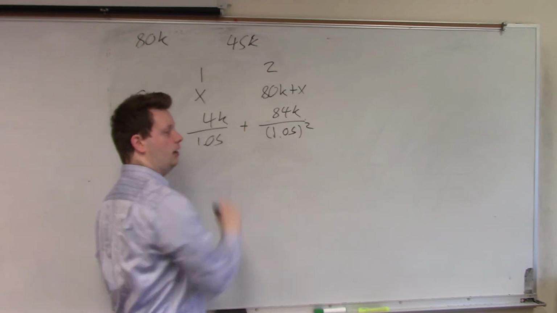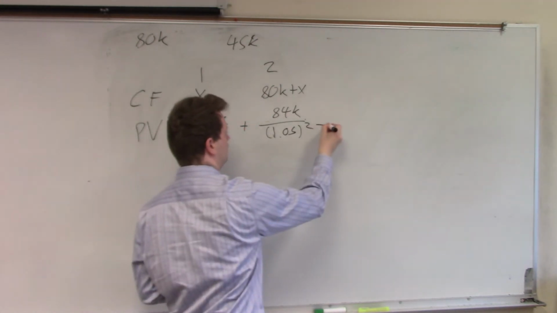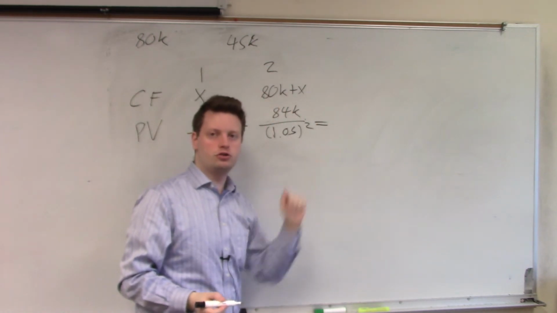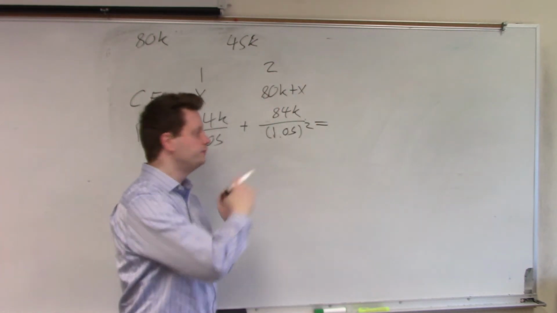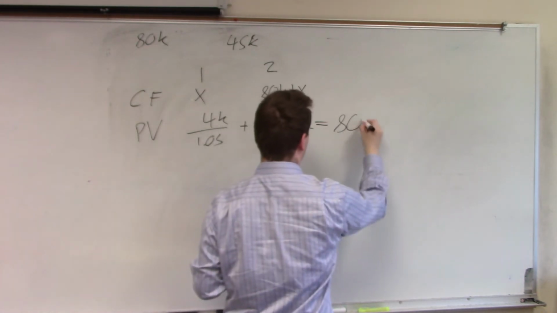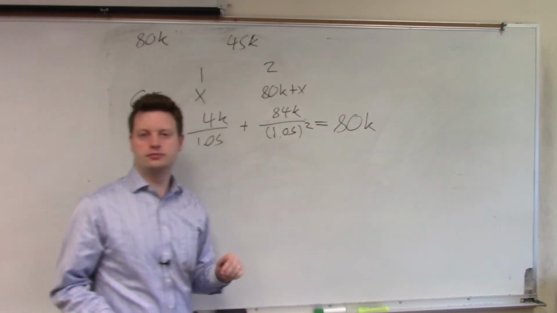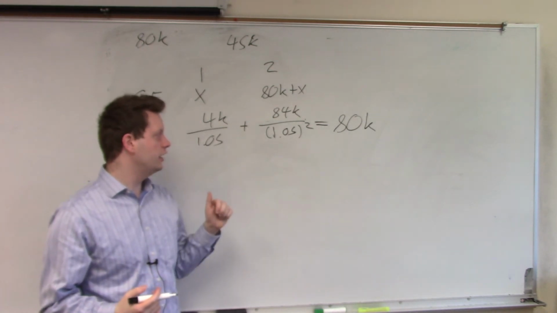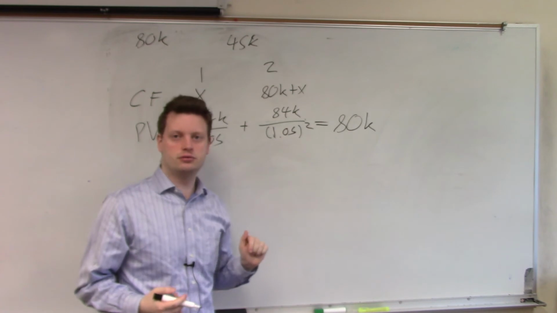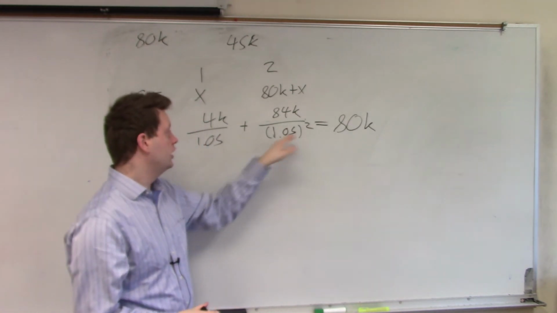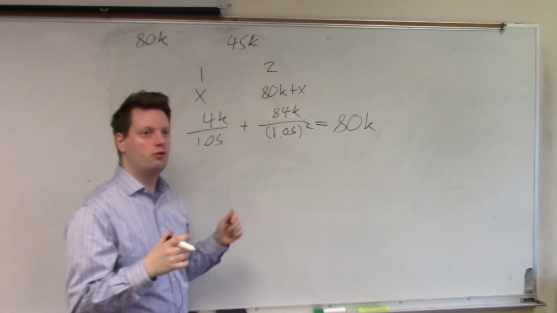We can add that up and we get our present value, which is a sum of all individual cash flow payments put into present value added up. If we do that, we get 80,000. If you plug it in the calculator, you get 80,000. This does not change if the interest rate changes. Why?